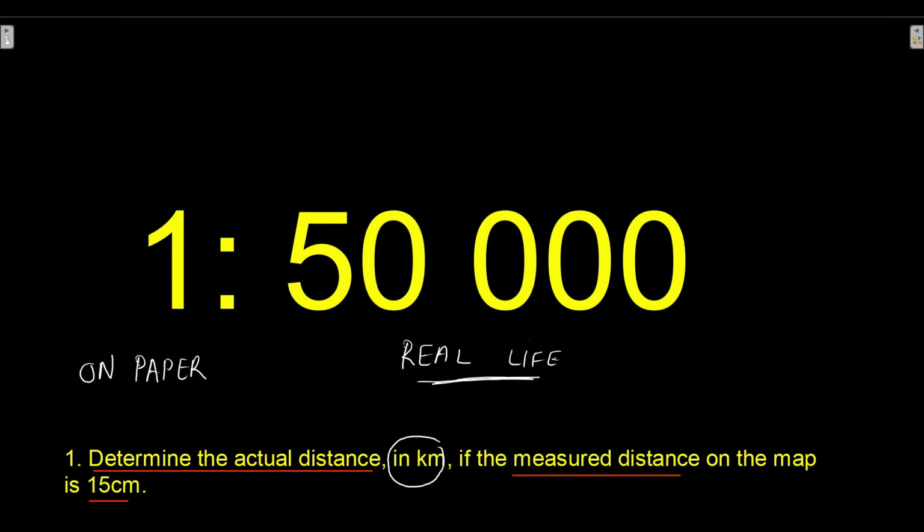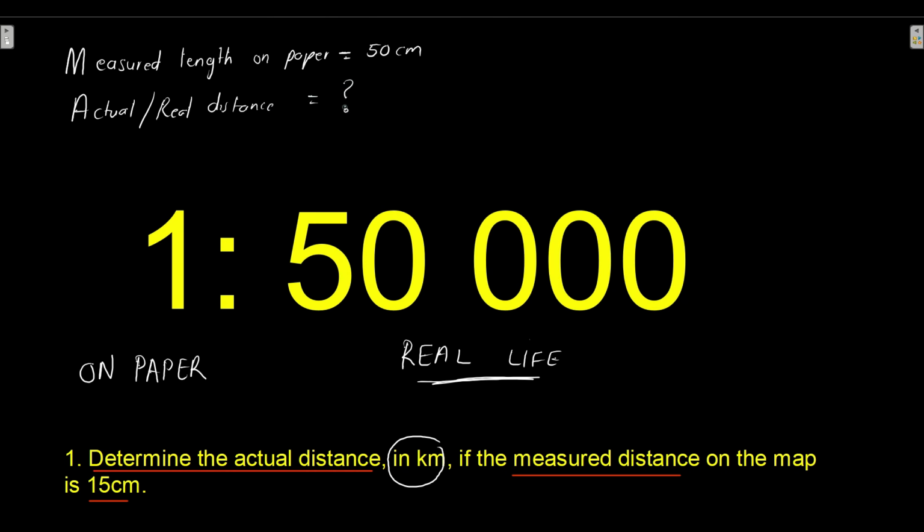So if they tell you that the measured length on the paper or on the map is equal to 50 centimeters, and you want to determine the actual or real distance, that's what you're trying to determine.